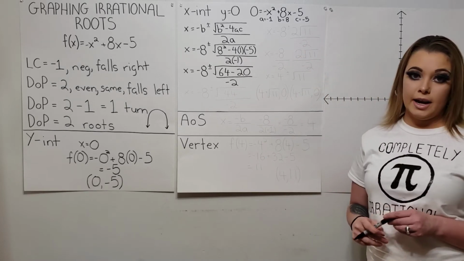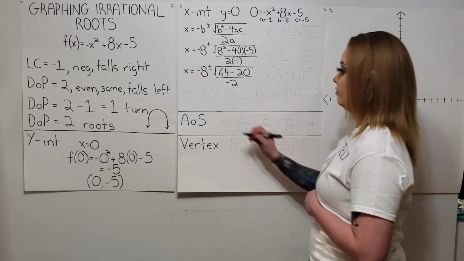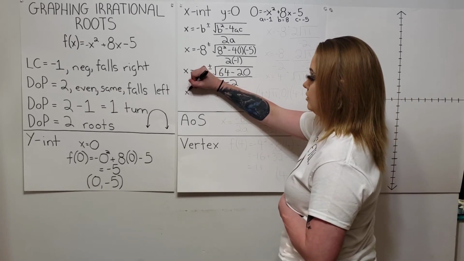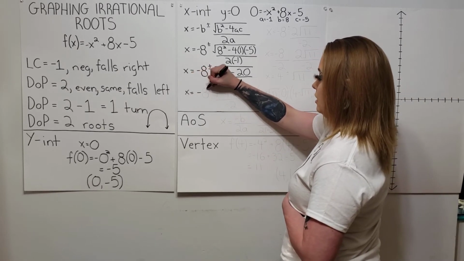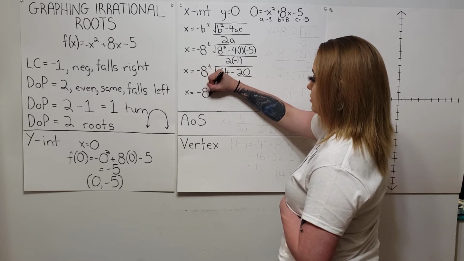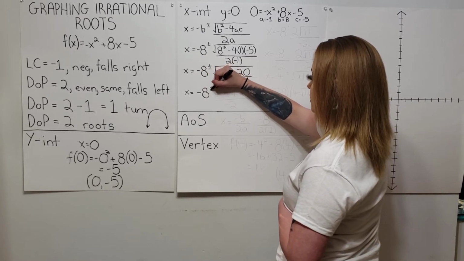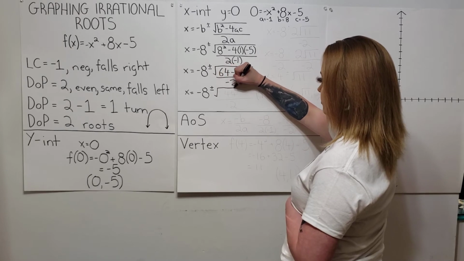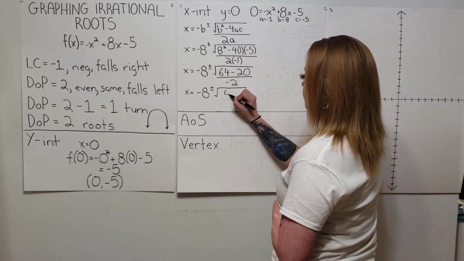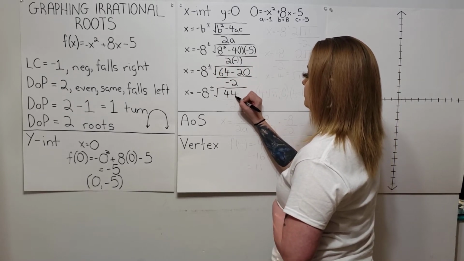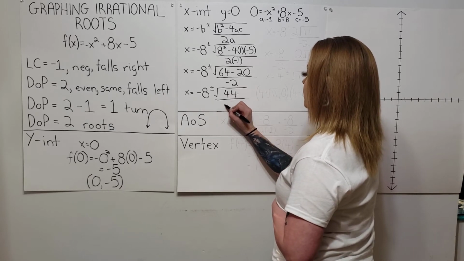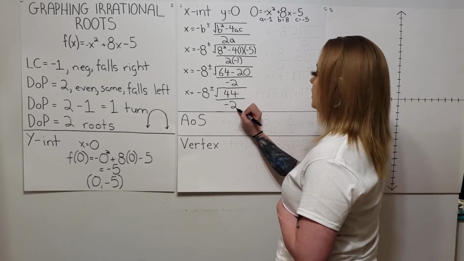We're going to simplify again. x equals negative 8 plus or minus the square root of 44 over negative 2.